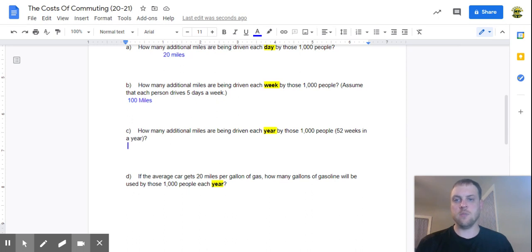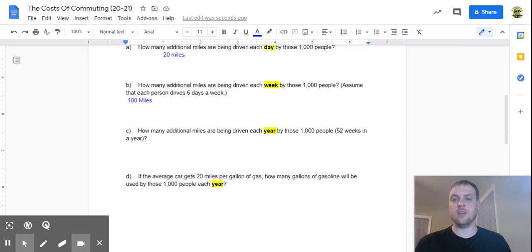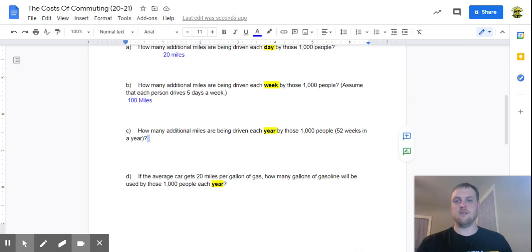You take that 100 miles that we already have loaded up here in our calculator, and we are going to multiply it by these 52 weeks in a year. And that tells us that in a year, we are getting up to 5,200 extra miles.